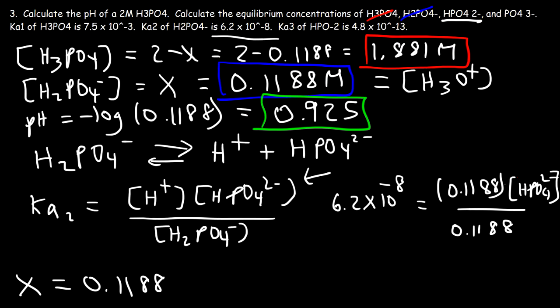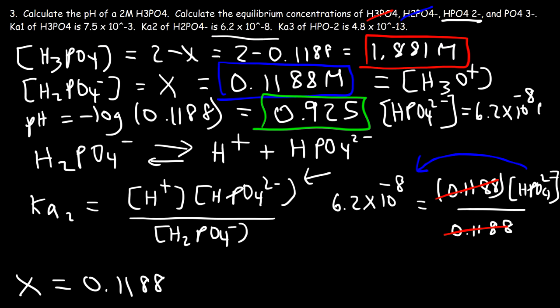Now, because these two numbers are the same, it turns out that the concentration of HPO4 2 minus is equal to Ka2. So HPO4 2 minus is equal to 6.2 times 10 to the minus 8 moles per liter.